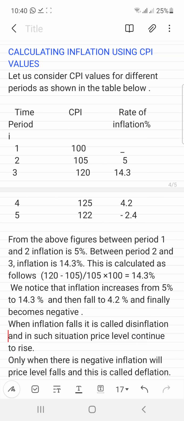So in period 1, prices were at their lowest level, and in period 5, they increased by 22%, but in period 4, they increased by 25%. This is why price is highest in period 4 and lowest in period 1.